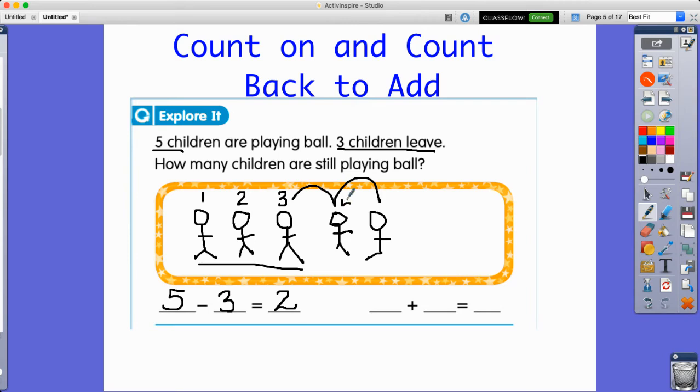So this would be 4, and this would be 5. And that's actually 1, 2 hops. So if I had 3 plus my 2 hops, that would give me 5 total. So now I can model this as a subtraction sentence or an addition sentence.